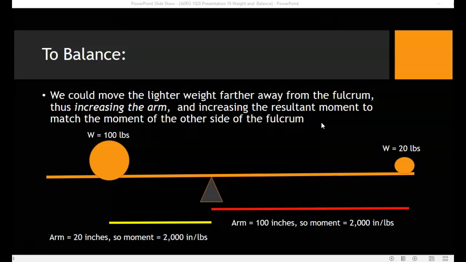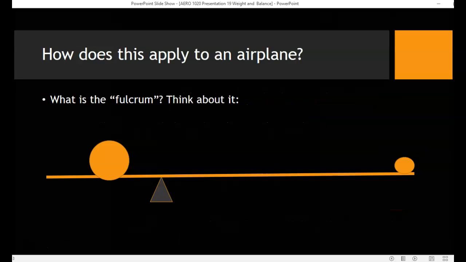That equals the force being applied on the left side of the seesaw because the 100-pound weight is only 20 inches from the balancing point or the fulcrum. So the weight on the left is also applying 2,000 inch-pounds of force. So what is the fulcrum? The fulcrum is the balancing point.